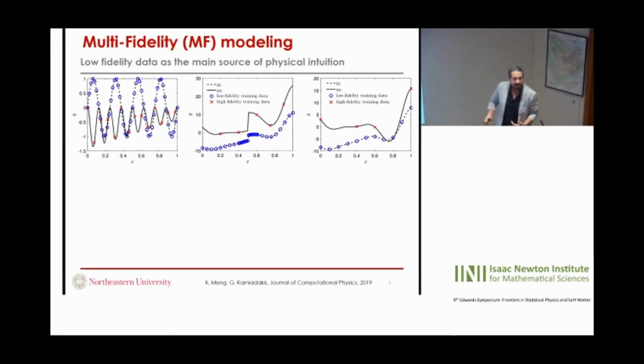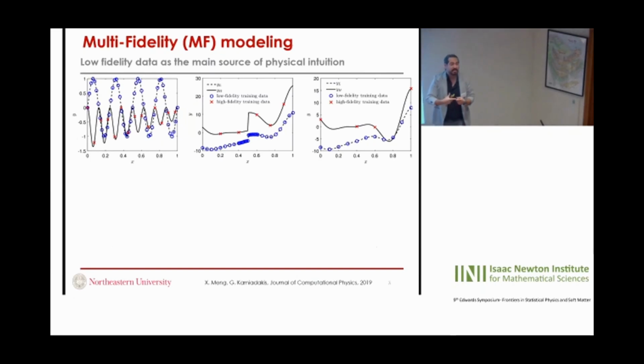And the way we have done this is through multi-fidelity modeling. So bear with me for a second. These are dummy data. They don't mean much, but they're supposed to motivate why we're doing this. So imagine that these red guys are your high fidelity measurements of anything you're interested in. You only have a few of those.